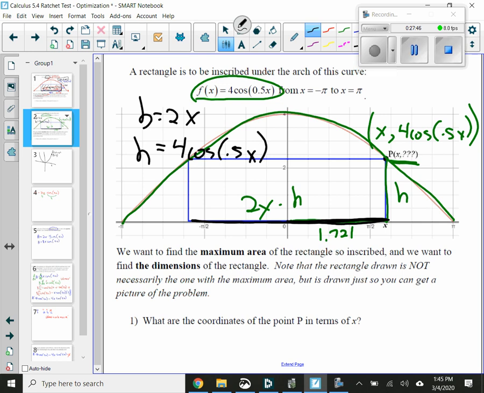So are we in agreement that the area of the rectangle is 2x times 4 cosine 0.5x? This is the equation for the area of the rectangle. Okay? Yeah. Okay.